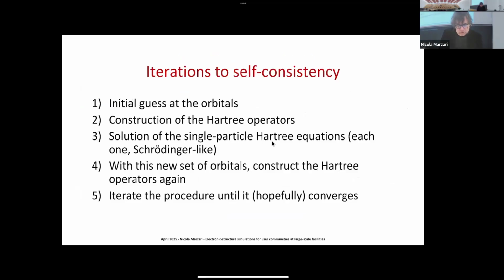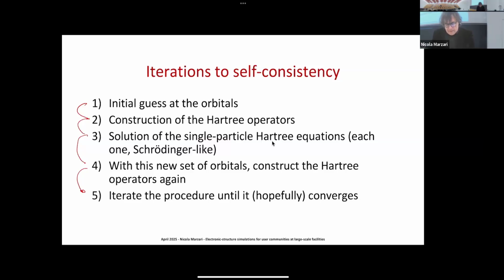And what Hartree would have done would have been this iterative procedure. As I said, first I say you're all spheres, you construct those integrals, you solve the equation. With the new solution, you construct again the average repulsion, and you iterate it until it converges.